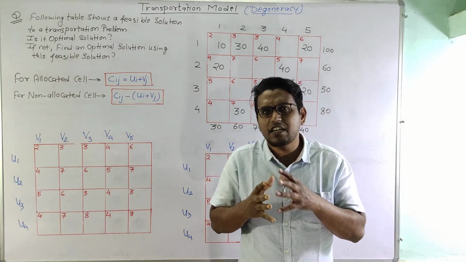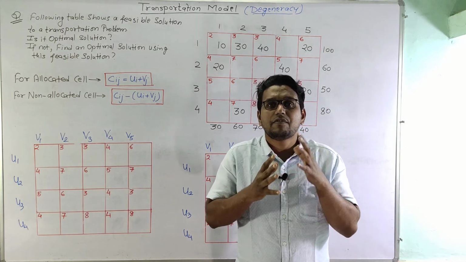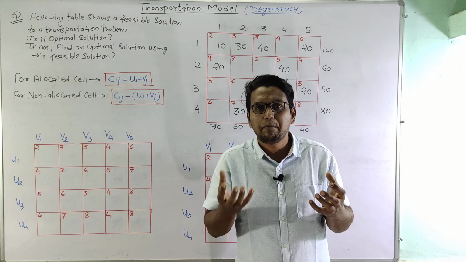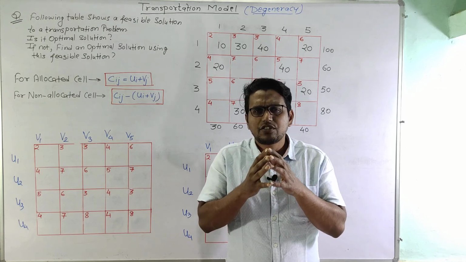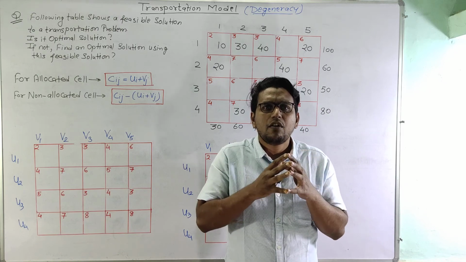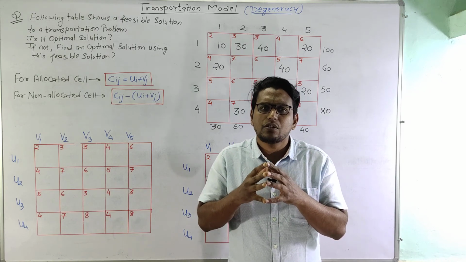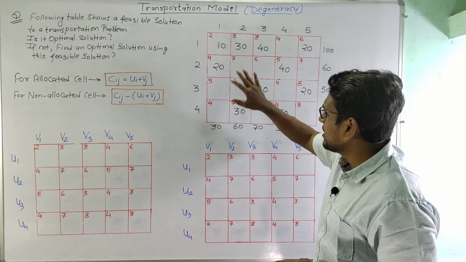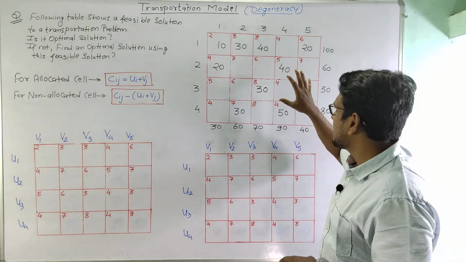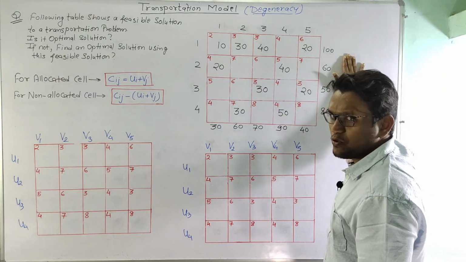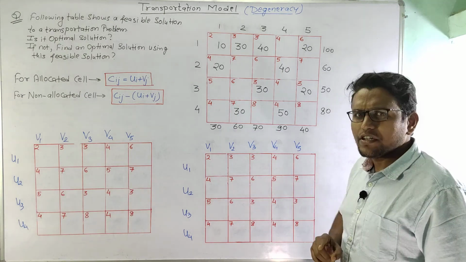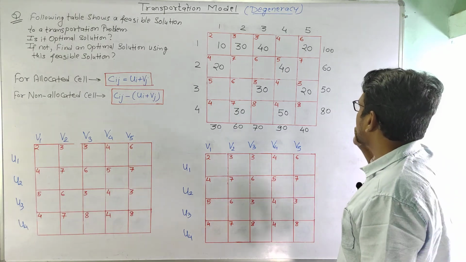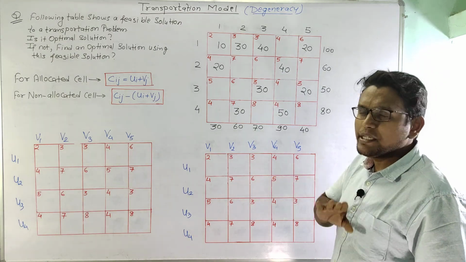So my friends, there is a difference between a feasible solution and a basic feasible solution, and we have studied the conditions that need to be satisfied for a basic feasible solution. So first of all, let us check how many conditions this matrix satisfies to be a basic feasible solution. The first condition is that all the demands and supplies must be met.